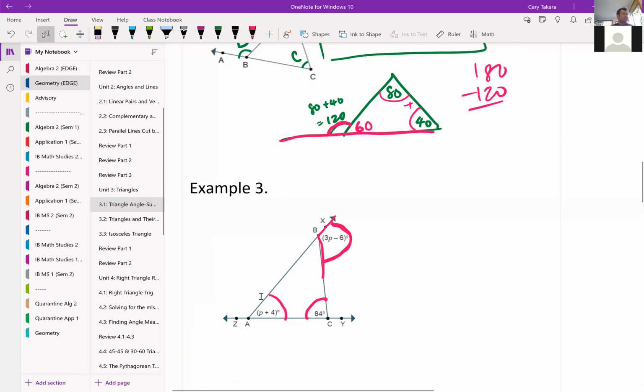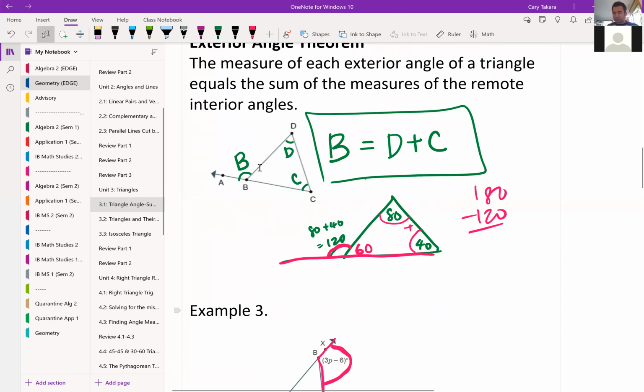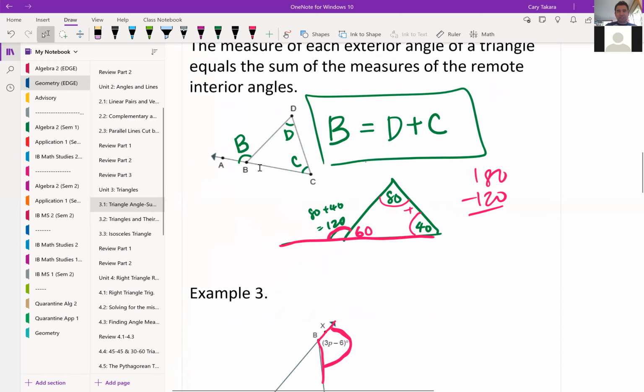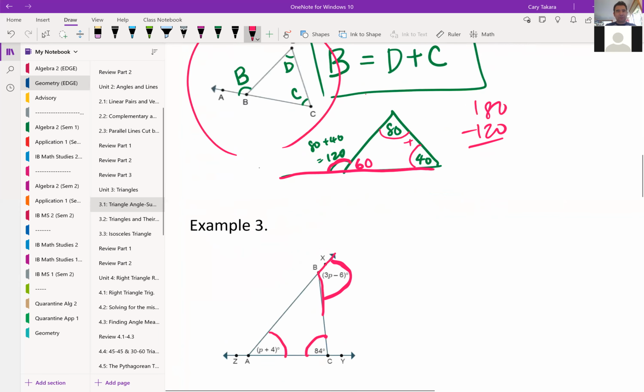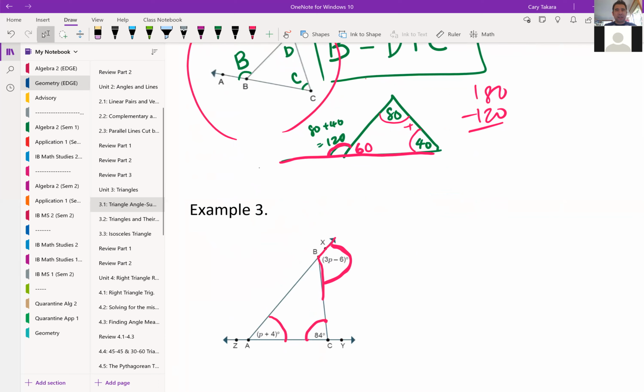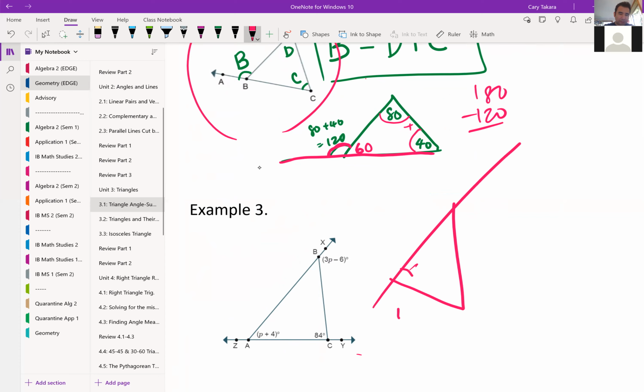Okay, so here it is. You know, this picture could be all upside down or rotated. So you have to recognize which one is interior and which one is the exterior angle. For example, like this one. That means this angle plus this angle is going to be equal to this angle.